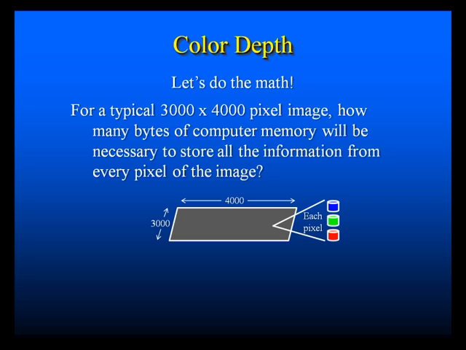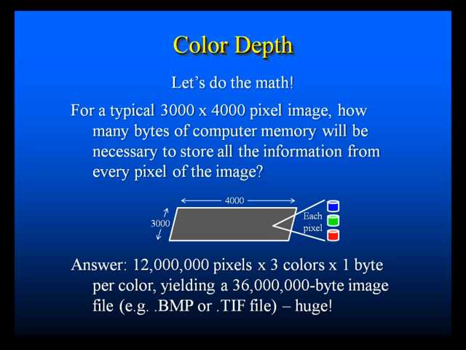So if my image is 3000 by 4000, or 12 megapixels, and each pixel takes 8 bits for blue, 8 bits for green, 8 bits for red, in other words 24 bits or 3 bytes, well, 12 million pixels times 3 colors times 1 byte per color gets us up to 36 million bytes for the image.